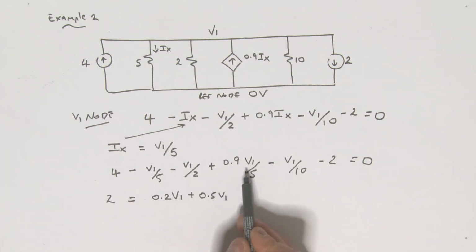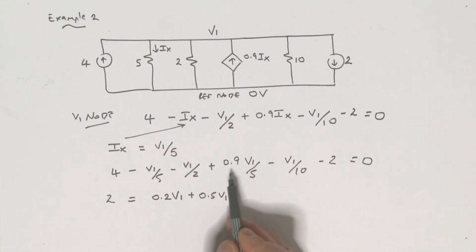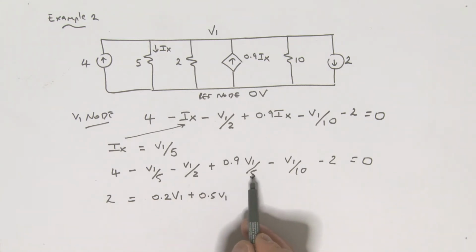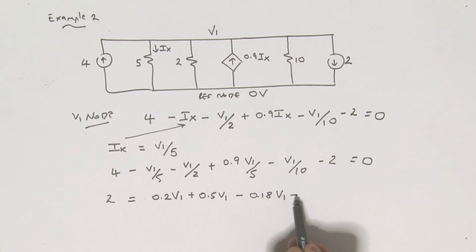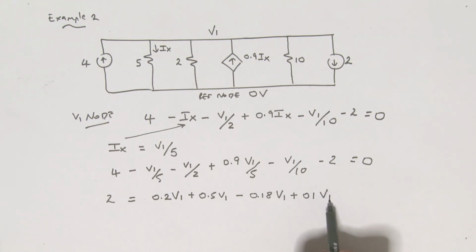Then I've got this one over here, which is 0.9 divided by 5, going over to the other side. That becomes a minus 0.18 V1. This to the other side is a plus 0.1 V1.